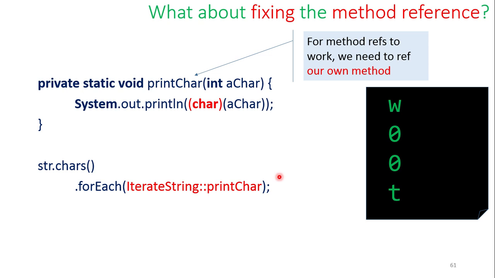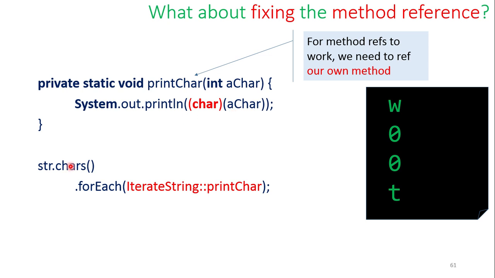To get around that limitation, what we have to do here is write our own method, printChar. So we are going to assume that we have a class named IterateString, and inside the class IterateString, I define a static method named printChar that takes a character as an int, and then System.out.println it after converting it to a char primitive data type.